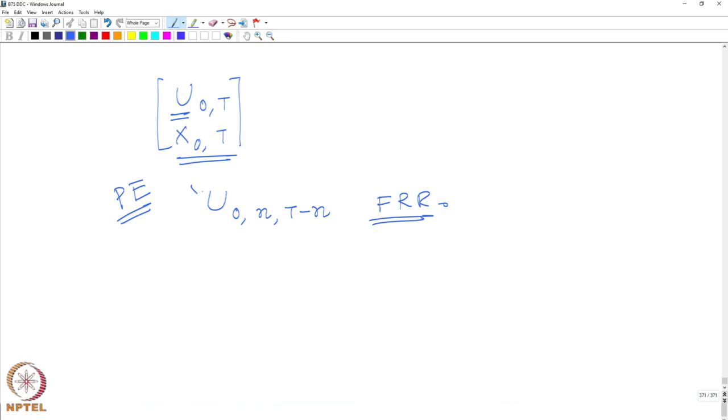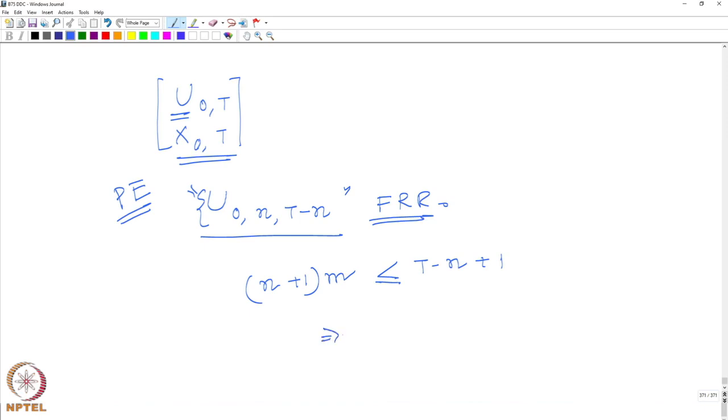This must be full row rank, but that will require what? How many rows does this have? It has (n plus 1) times m rows. And how many columns does it have? It has t minus n plus 1 columns, isn't it? So, all I need is that this must be true in order for this to be full row rank.